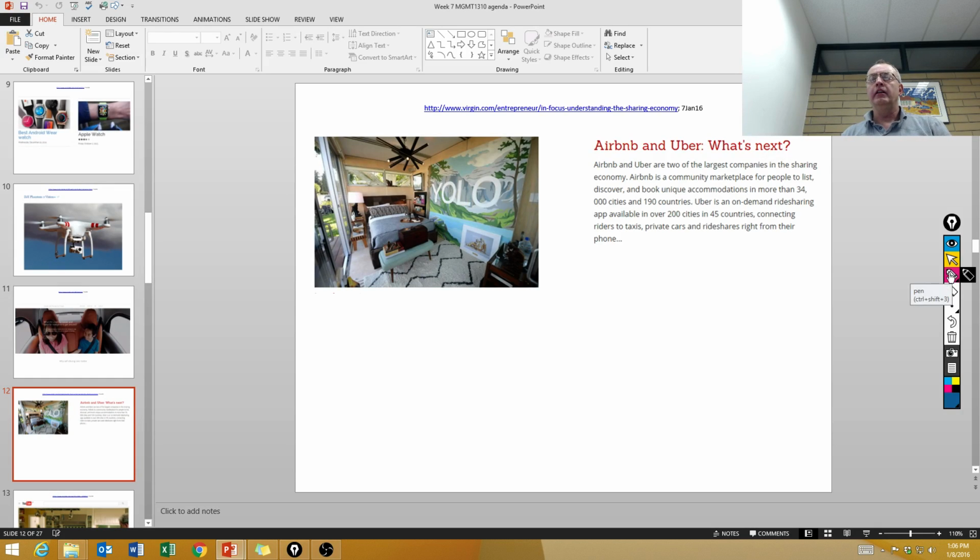And so Airbnb is kind of a software service that connects homeowners that have surplus rooms with tourists that want to rent rooms. And this is a major service innovation in recent years.